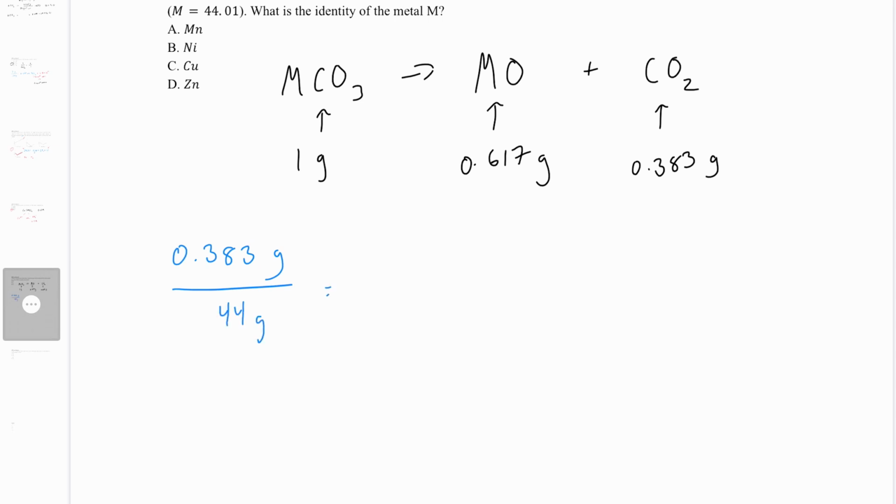So you have 0.0087 moles of carbon dioxide, which means you have 0.0087 moles of your metal oxide. And from this, we can extract the mass of the M on its own, because if 0.0087 moles of your metal oxide is produced, we know that 0.0087 moles of oxygen are also in this compound.